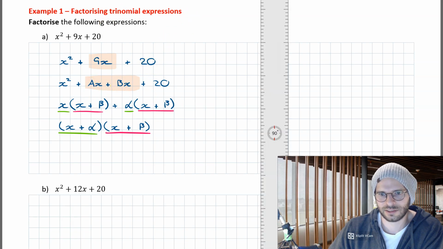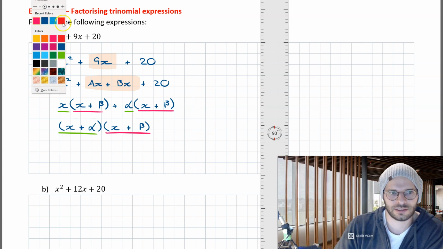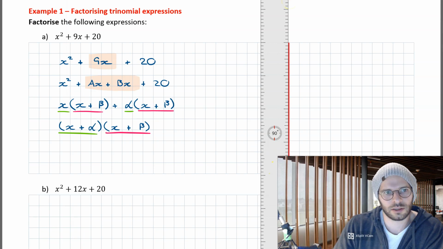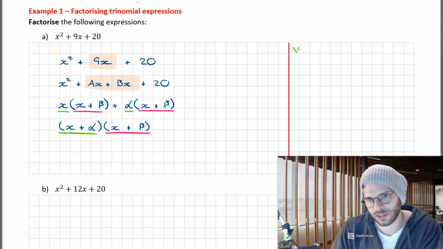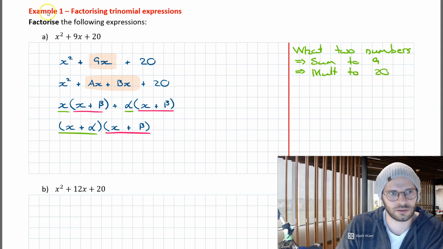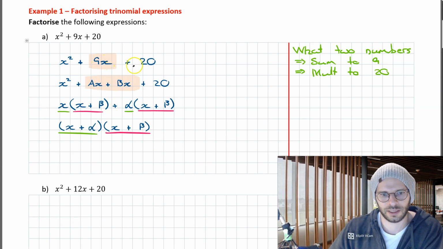Now, setting ourselves up, what I like to do to figure out these numbers is I rule off a little section of my page and I ask myself the question, what two numbers sum to 9 and multiply to give 20 in this instance? So 9 coming from here, 20 coming from here.